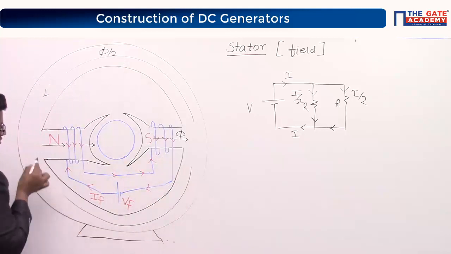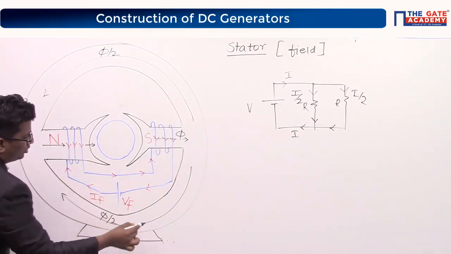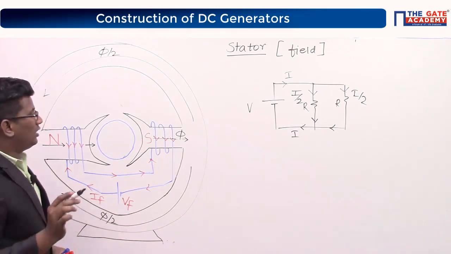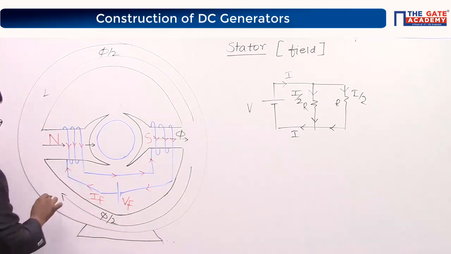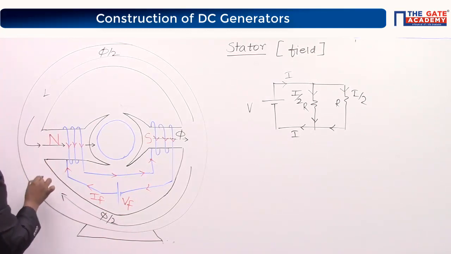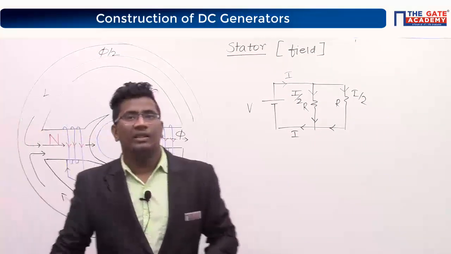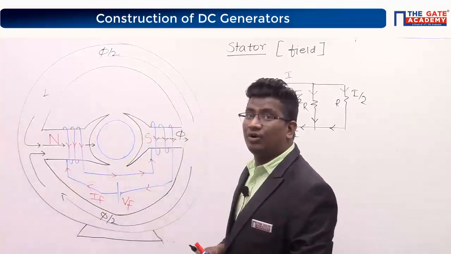Here also 5 by 2. Now after coming here, can I say the flux is again 5 by 2 from here and 5 by 2 from here? The total is how much? 5 only, no?